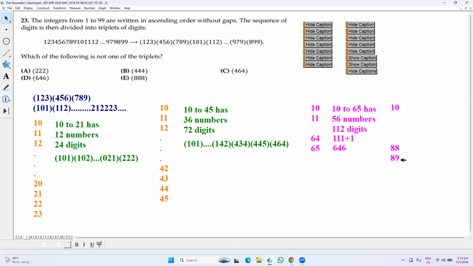How many numbers? 89 minus 10, 79, add 1, 80 numbers. 10 to 89, 80 numbers. Digits double, 160 digits. Then the multiple of 3 is 159, divisible by 3. So the last digit 9 is not in. So 888 will form a triplet.